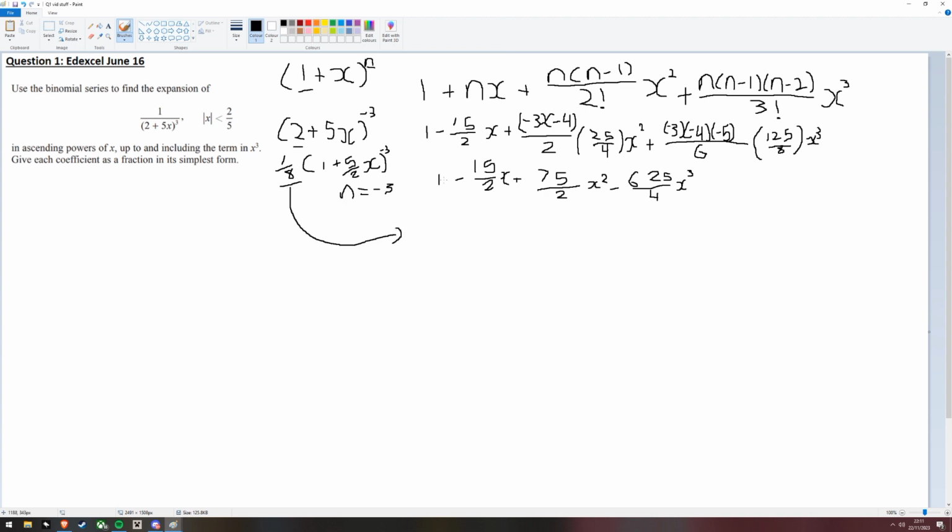We multiply this entire thing by 1/8, so 1 over 8, minus 15 over 16 x, add 75 over 16 x squared, minus 625 over 32 x cubed, and we are finished.